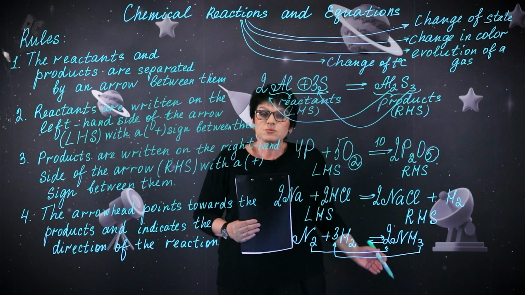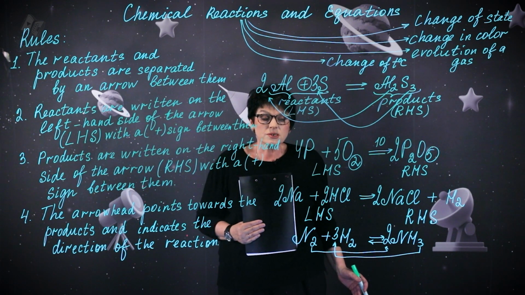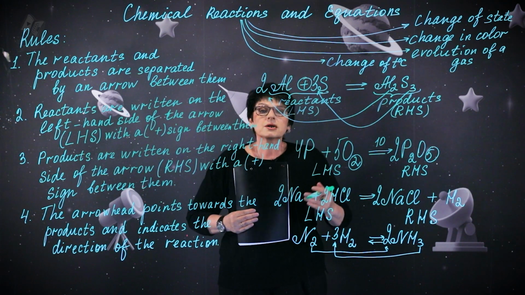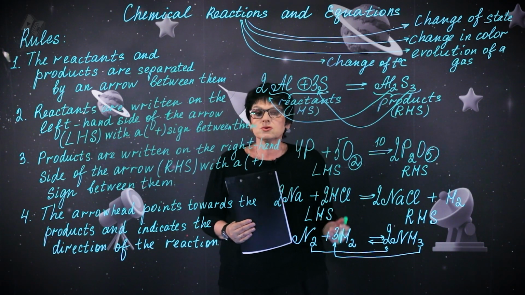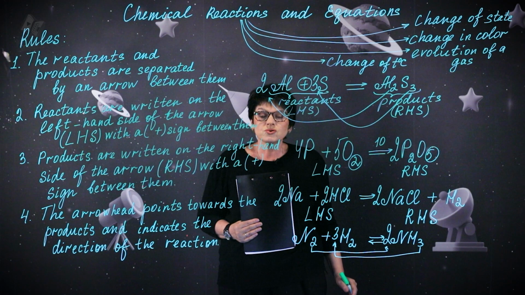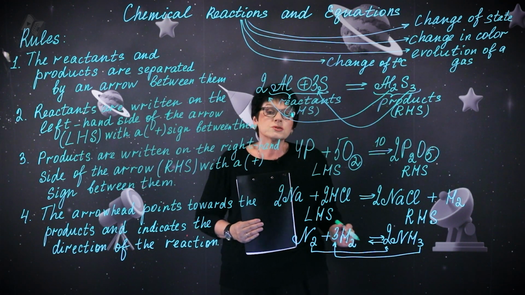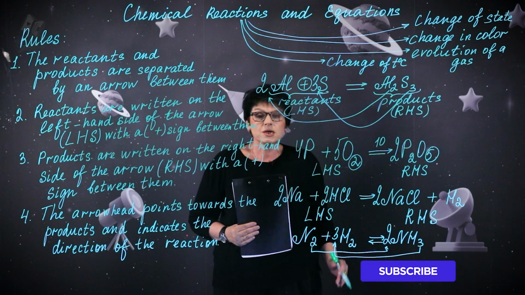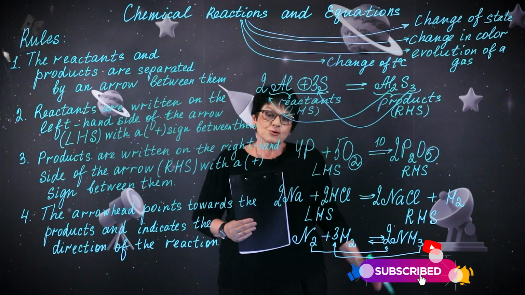Students frequently make mistakes when setting coefficients. And in the upcoming classes, we will learn various methods of balancing, so that you can confidently state, I was able to balance this chemical equation and I achieved success. Well, that concludes everything for today.